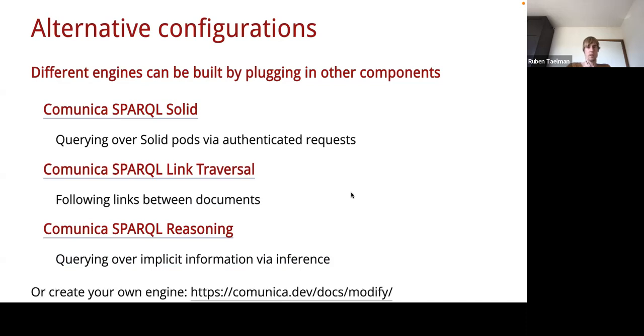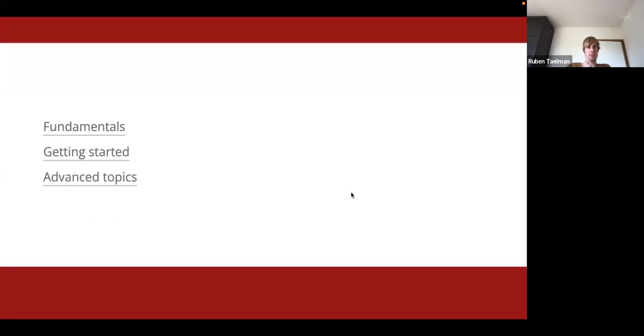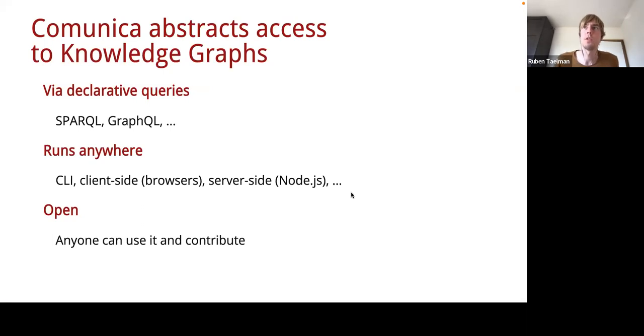Okay. And this brings us to the end of this presentation. So I just have one more slide to summarize the most important things here. So the main goal of Comunica is to abstract away access to knowledge graphs so that it's simpler for application developers.